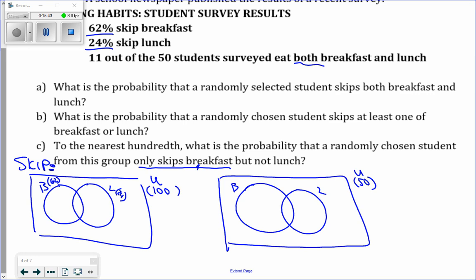So if 11 out of 50 eat, that means then that 39 out of 50 skip. You have to know what you're comparing. You can't compare apples and kiwis, right? It has to be apples and apples. So if you're doing percents, 39 out of 50 is 78%.